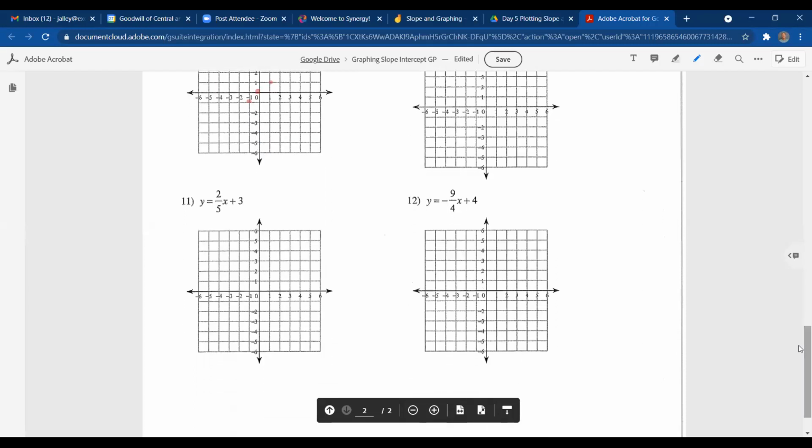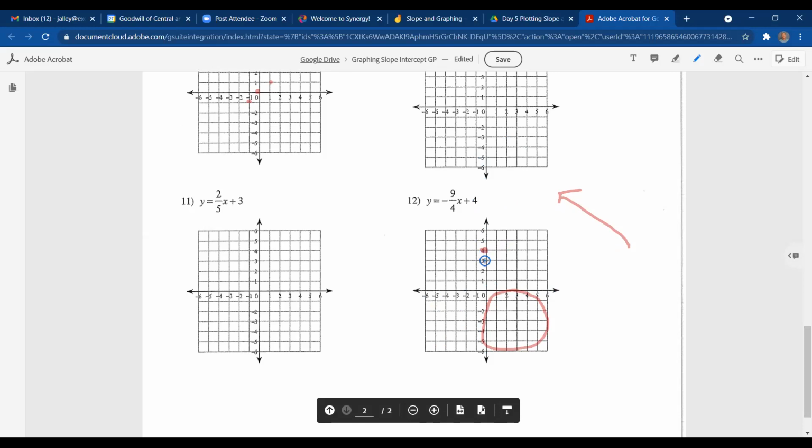Look at number 12. The funny looking slope, -9/4. Rise and run, they all work the same. It's negative, so it's going that direction. Starting at +4, that's our beginning point. Again, same thing as before. I can't go up 9, I'm off the graph. But I can go down 9, and I know that my other point's got to end up in that quadrant somewhere in order for that line to go the correct direction. Not over here.